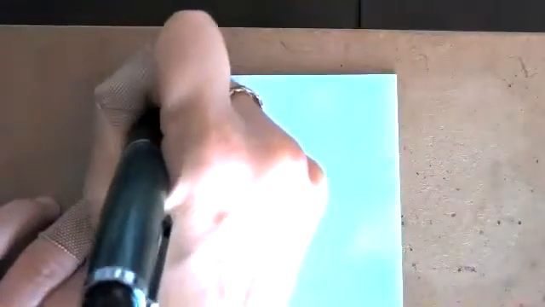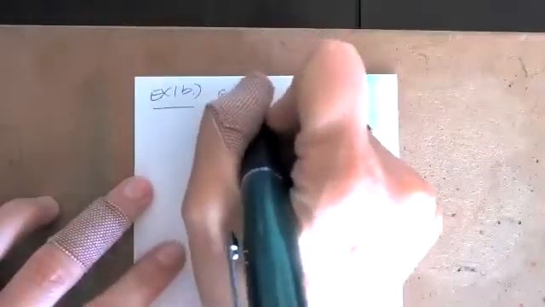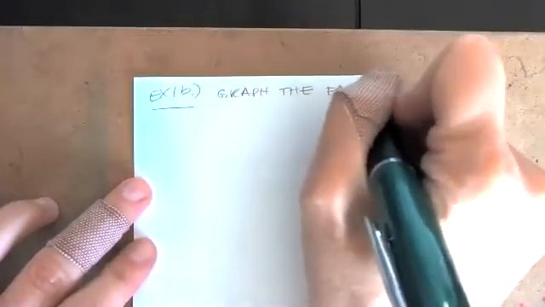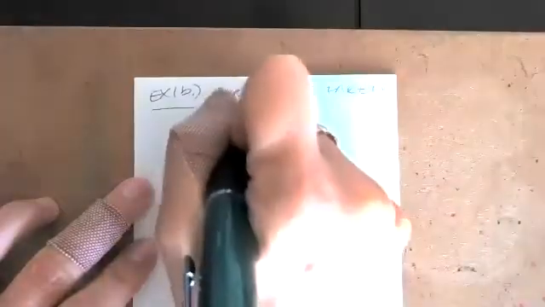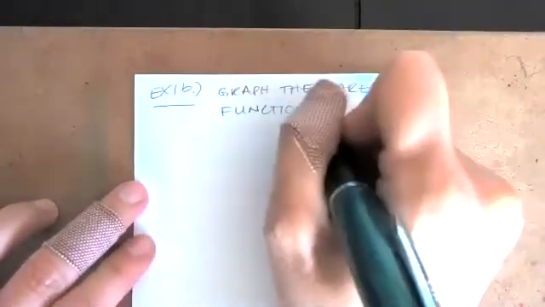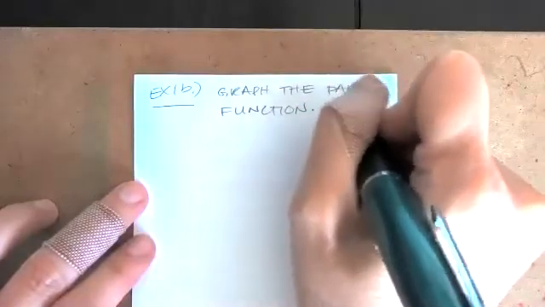So this is example 1B, and we are graphing the parent function. And then we're going to state the domain and range.